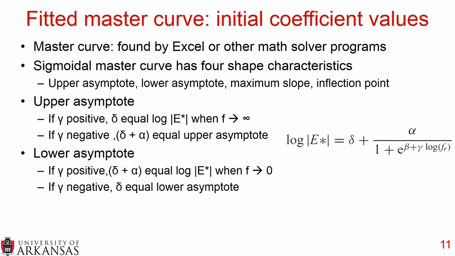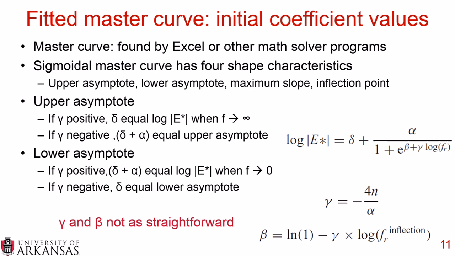This is for our delta and our alpha values. Now the gamma and the beta are not quite as straightforward, but there are some reasonable ways to start guessing. Gamma you can set equal to -4n over alpha, and beta you can set equal to this equation. This is just a way to get some initial coefficient values.